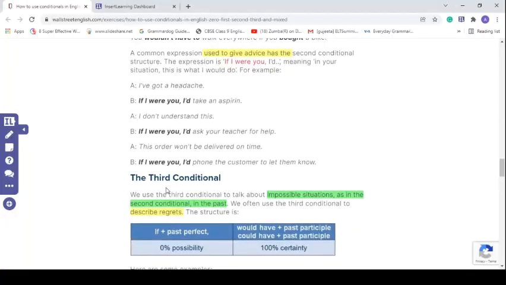Now we move to the third conditional. The third conditional is again used for impossible situations, like the second, but it describes regrets. This is one clue to identify the third conditional. The structure is if plus past perfect, and in the consequent part you use would have plus past participle.